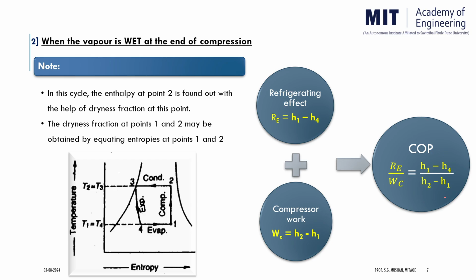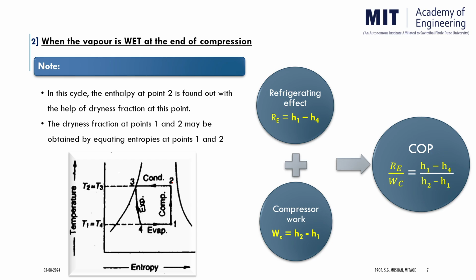But here there is a point that we need to make a note of. In this cycle, the enthalpy at point 2 is found with the help of the dryness fraction at that point. Here we cannot get the point number 1 and point number 2 values directly from the chart.